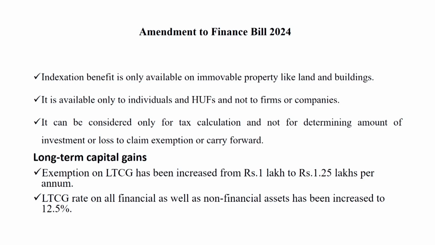In the case of long-term capital gain, the exemption on long-term capital gain has been increased from rupees 1 lakh to 1,25,000 per annum. Before, the exemption limit was 1 lakh, but after the amendment, the exemption limit has been converted from 1 lakh to 1,25,000.